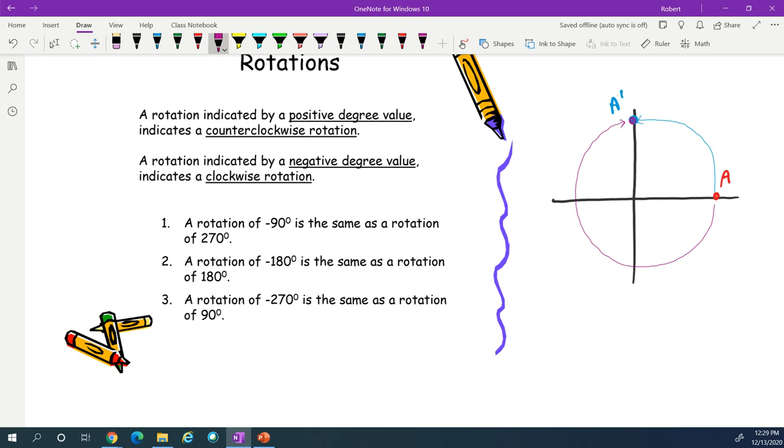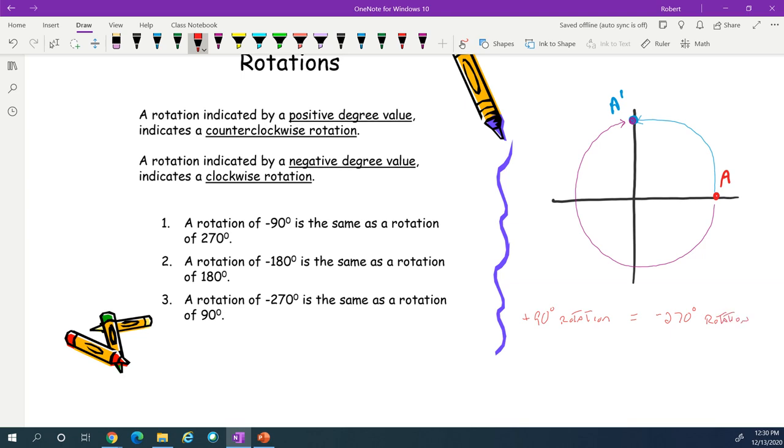So again, we want to clarify here, a positive 90-degree rotation is the same as a negative 270-degree rotation.